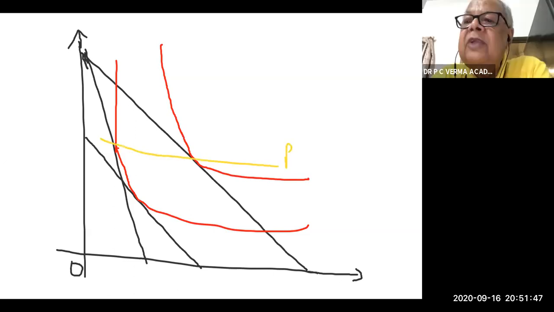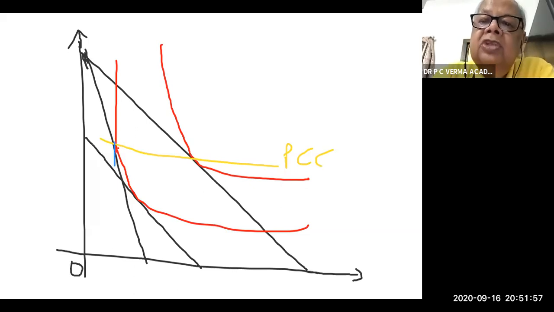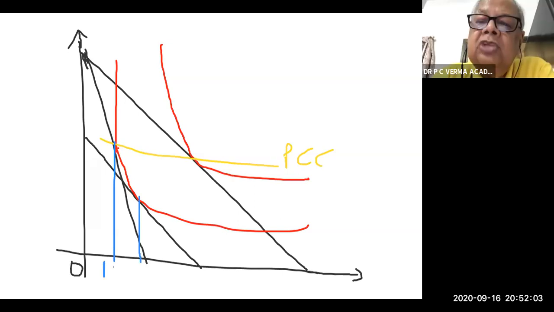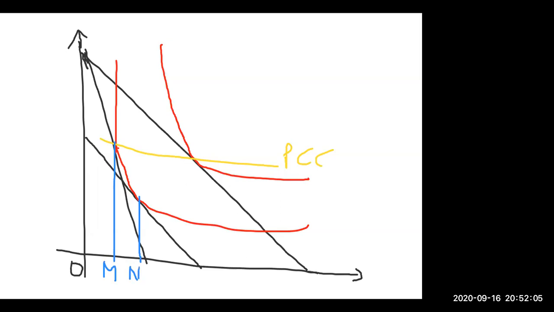This is the price consumption curve. And this is the original line. This is the income effect. This is the substitution effect MN.